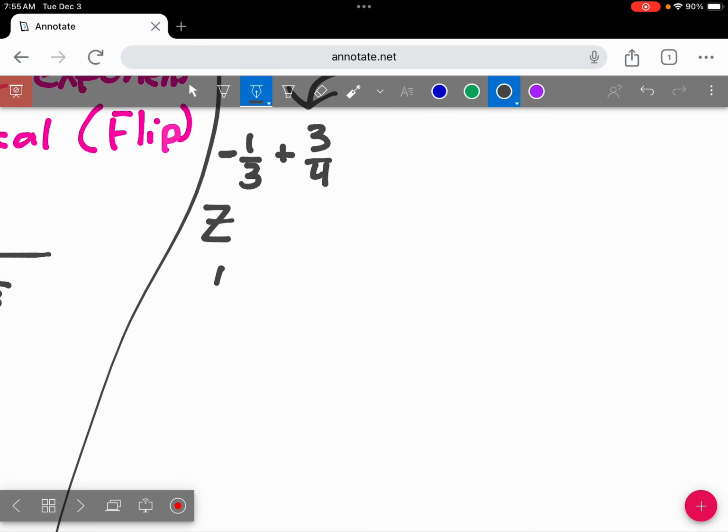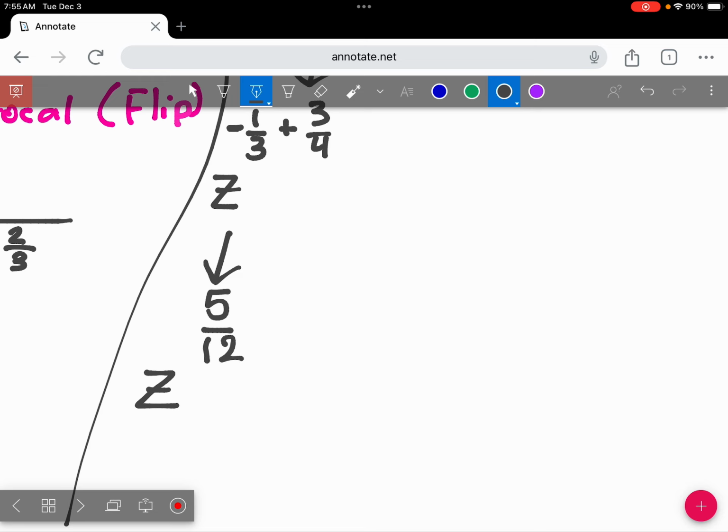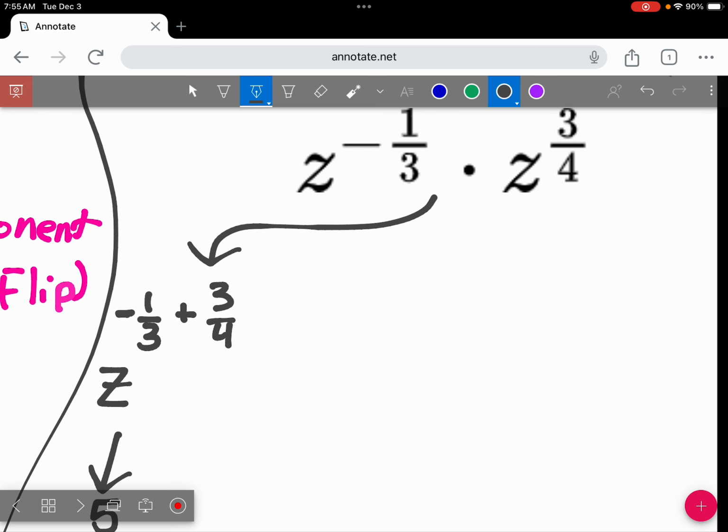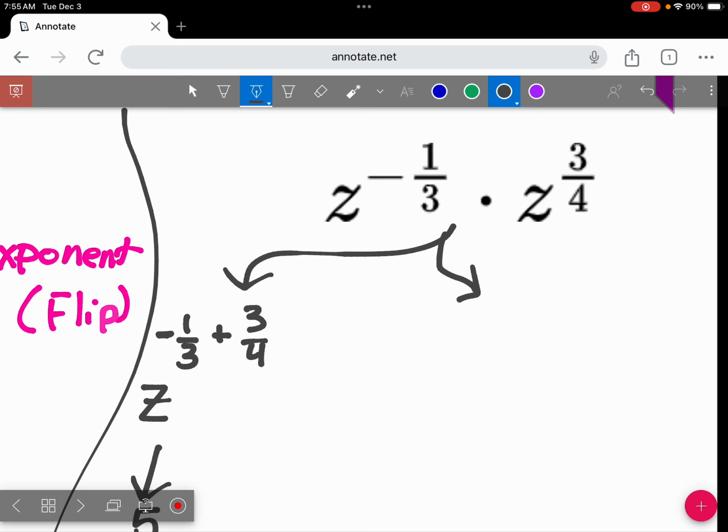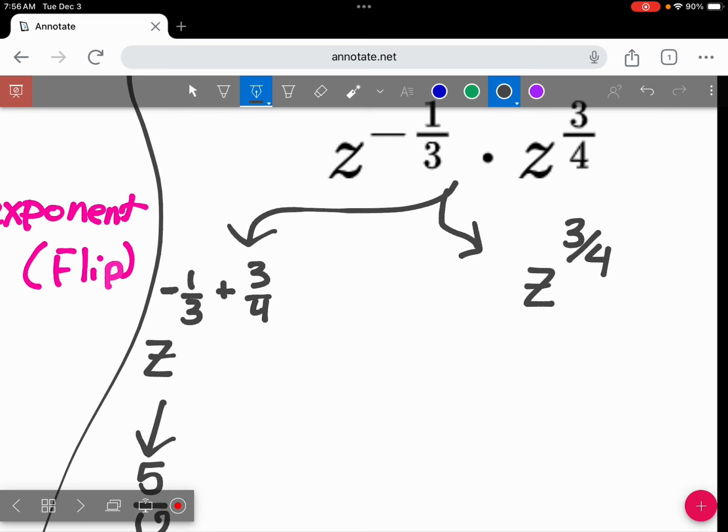5/12. Or we could deal with that negative exponent to make this be fractiony grossness, which is doable. Our z to the 3/4, which is positive, so it stays on top, over z to the 1/3.